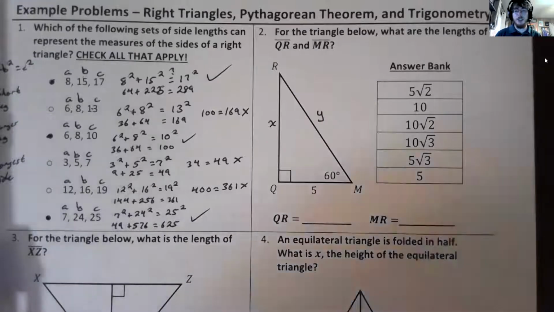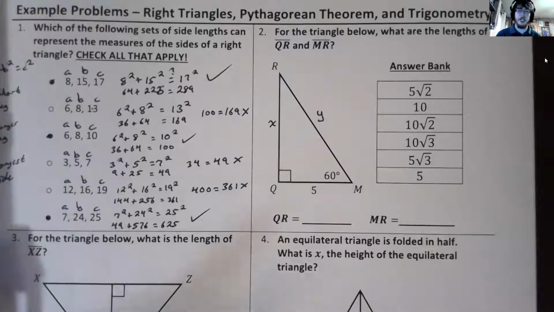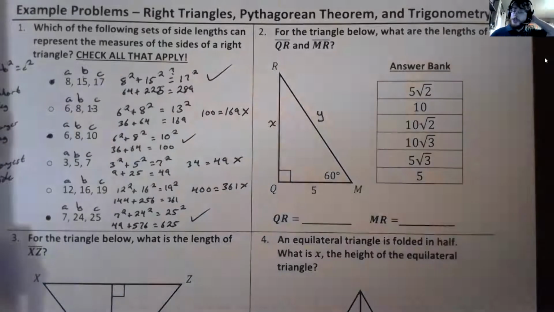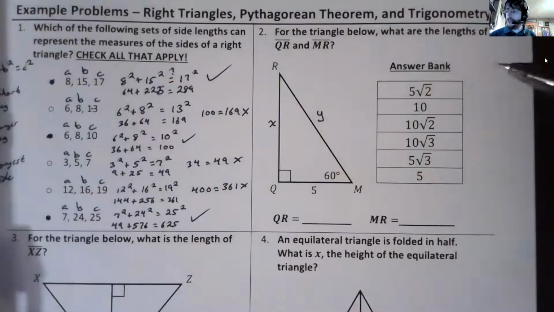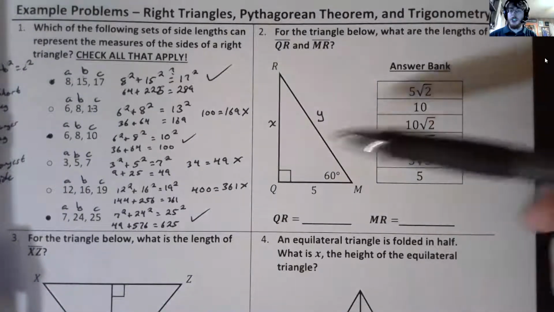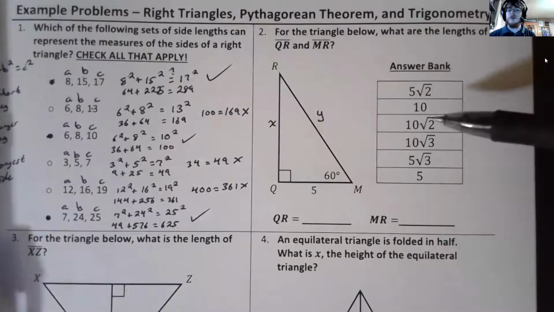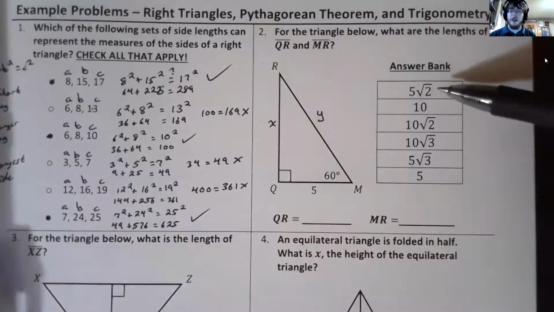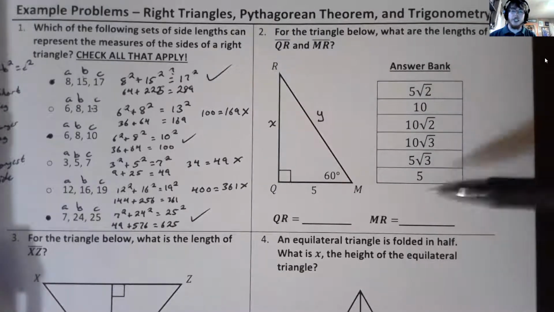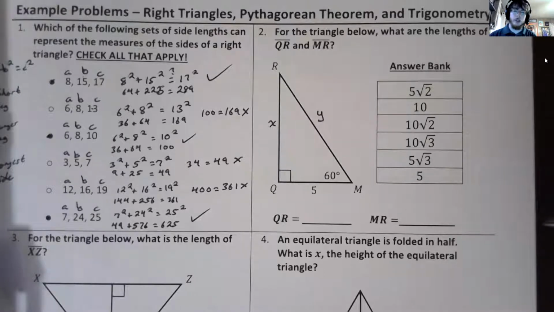I'm going to use the rules for special right triangles, but trig is what people tend to use after they learn it. It's a lot easier for them. If you do use trig, when you get a decimal for your side length, you need to take each one of these answer choices and see which decimal matches up to figure out which one should be the answer. So let's look here.